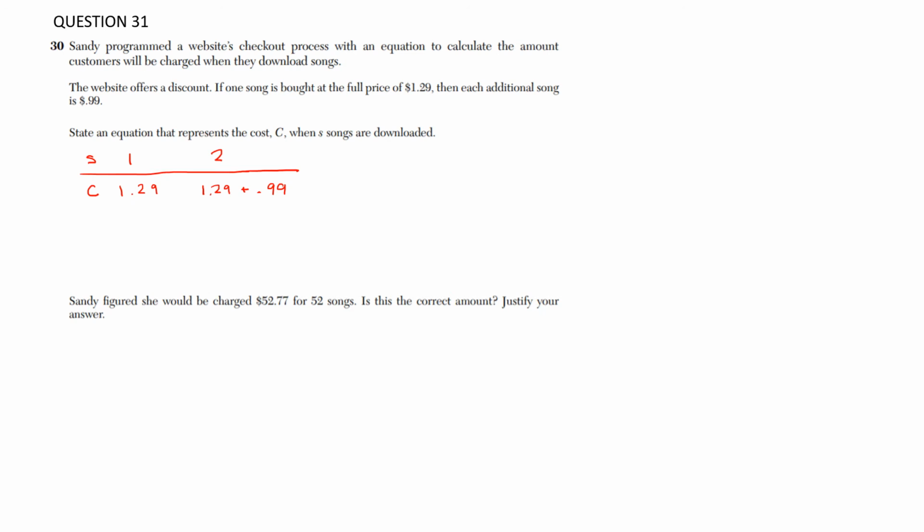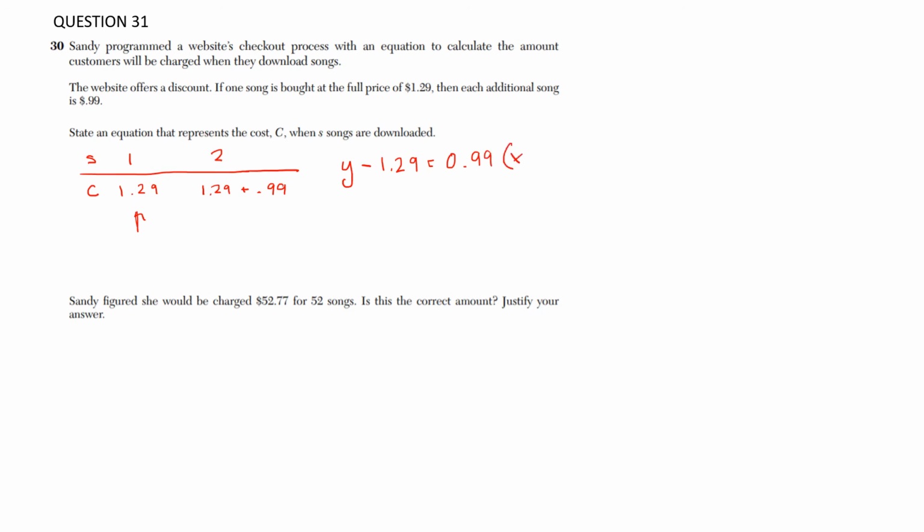I think the easiest way is to put it into point slope form. So that would be y minus y1, which is 1.29. I'm going to use this value. Equals, the slope would be 99 cents because that's how much it increases by each extra song you buy.